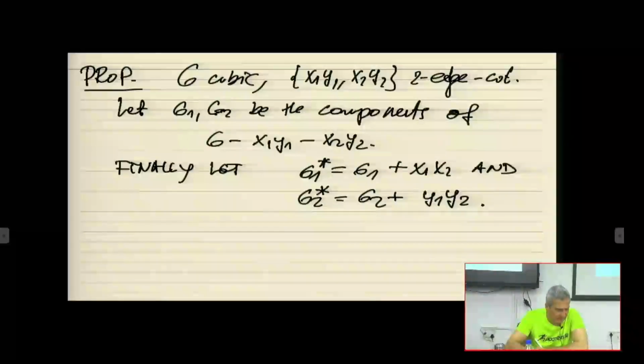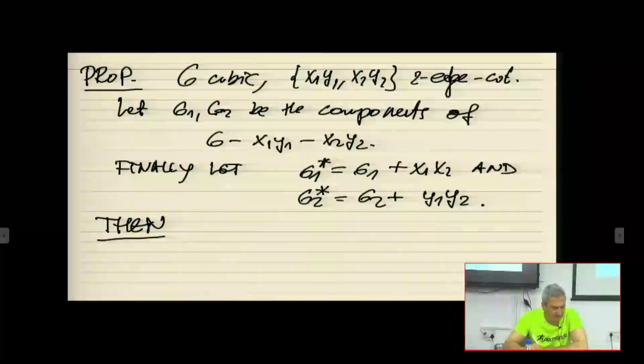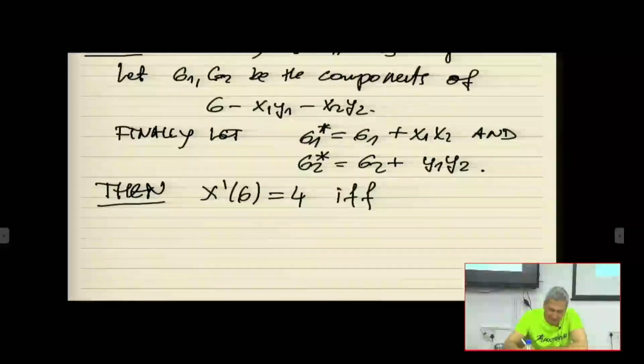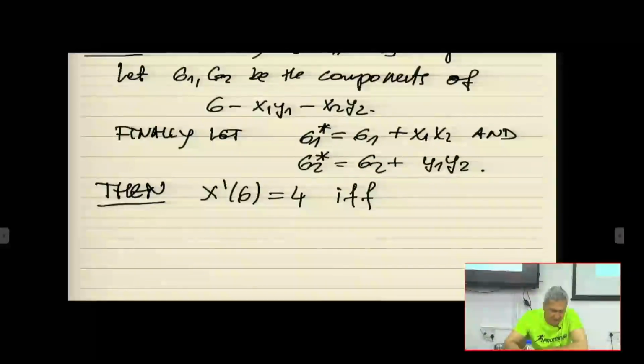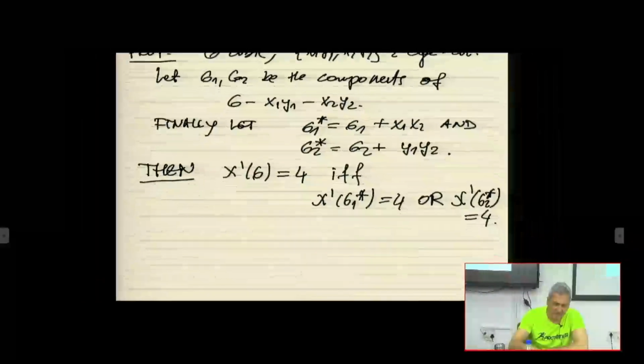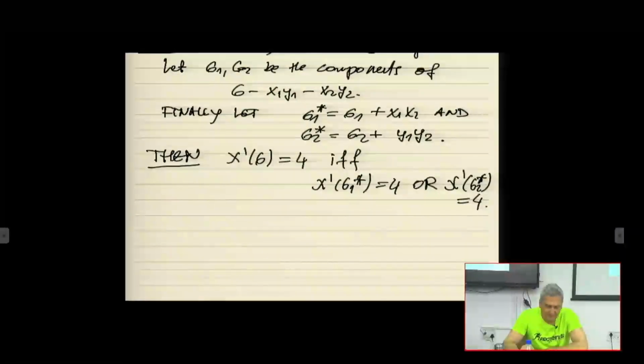Then the chromatic index of G is 4 if and only if the chromatic index of one of these graphs is 4. Maybe I can make it a little bit nicer.